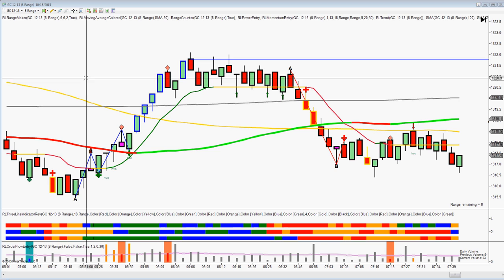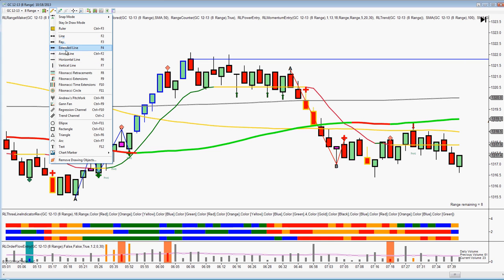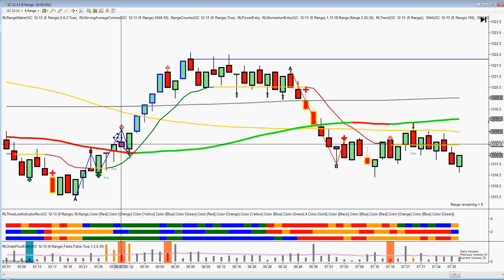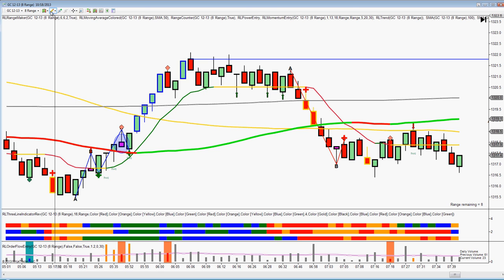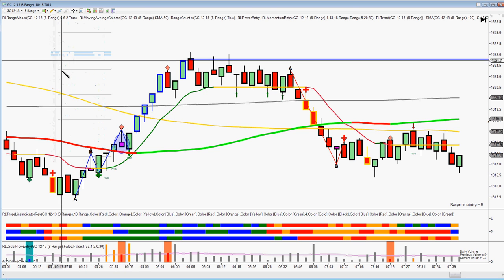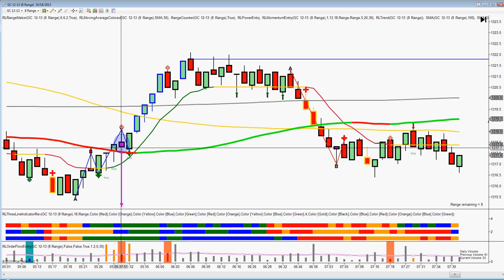Here we see a perfect setup on the gold market. We see a move to the upside, and then we see sellers come in with an order flow signal here, so that most of the sellers are at the bottom of the candle.